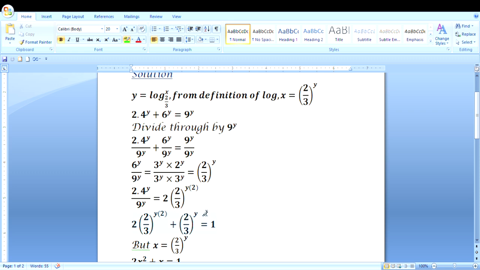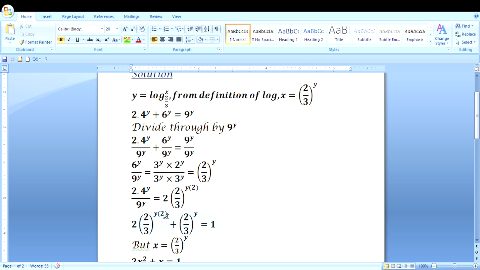Now let's look at 2 times 4 raised to power y over 9 raised to power y. So this can also be expressed as 2, and 4 raised to power y can also be expressed as 2 raised to power 2y. Similarly, 9 raised to power y can also be expressed as 3 squared, which is 3 raised to power 2y. So now what do we need to do here?